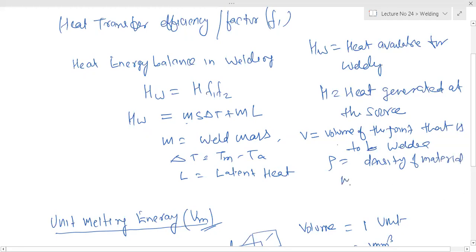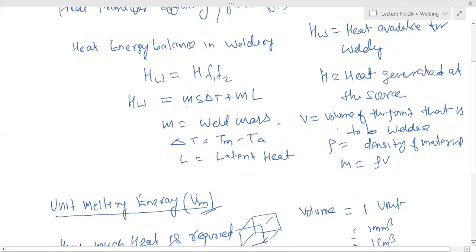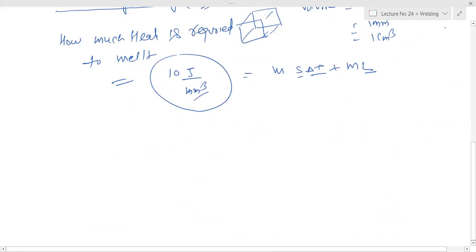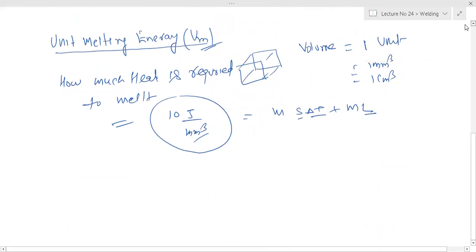So mass is equal to rho V. So unit melting energy is basically equal to your Ms delta T plus ML. But this is very complicated right now. We have temperature difference, then latent heat, then specific heat. So to simplify that, generally the term is defined as unit melting energy.